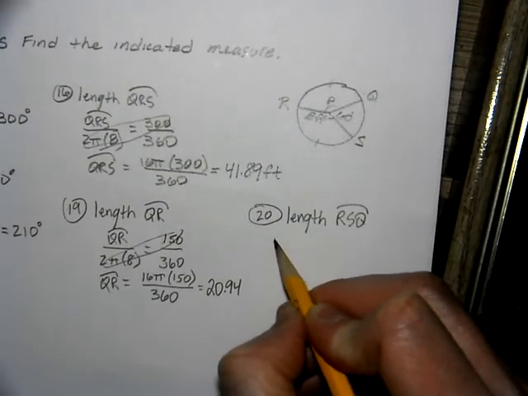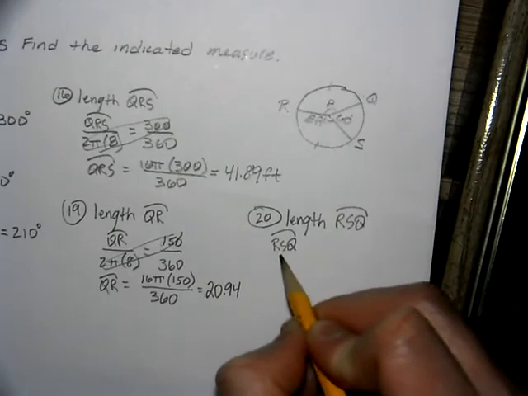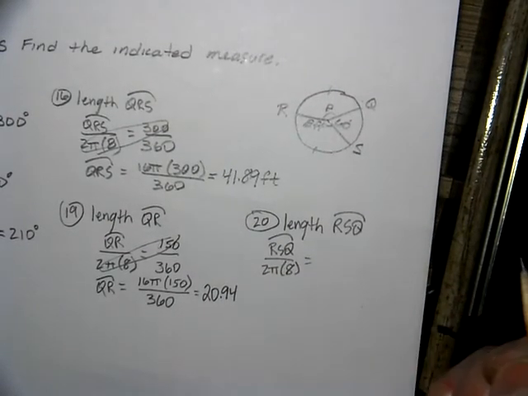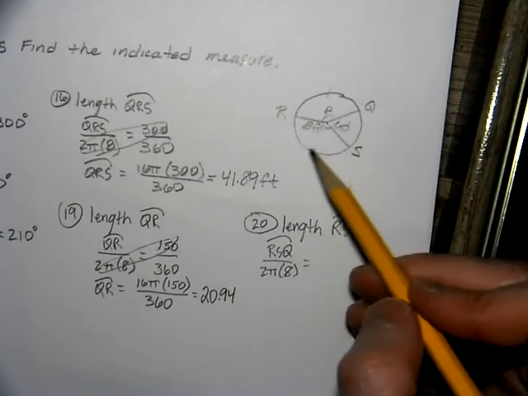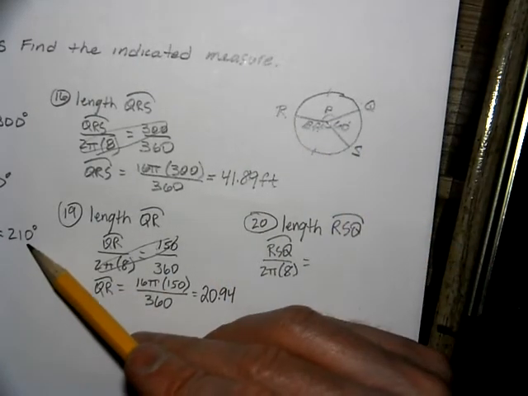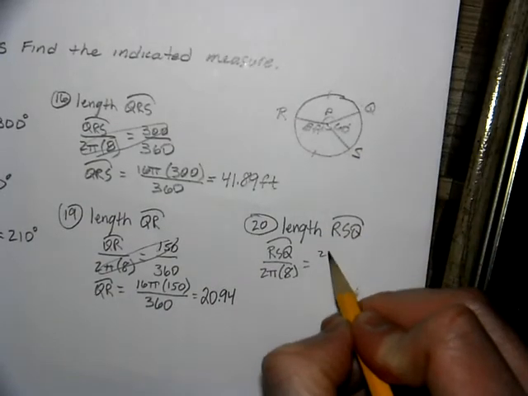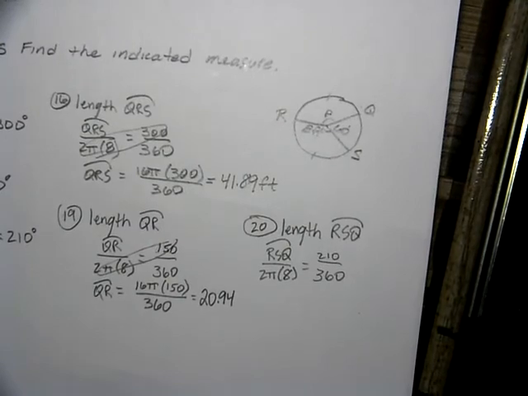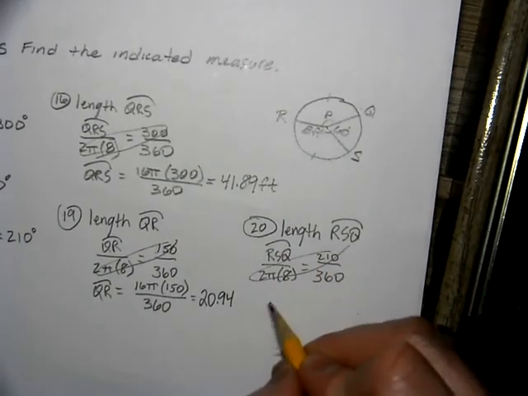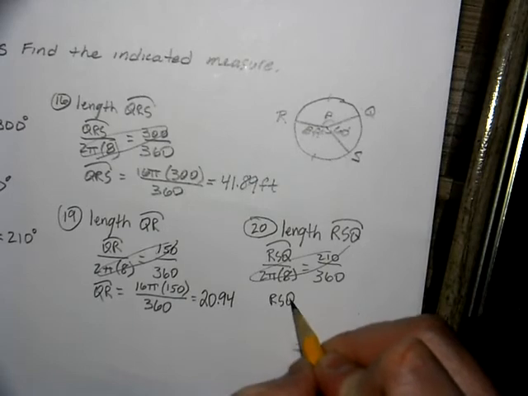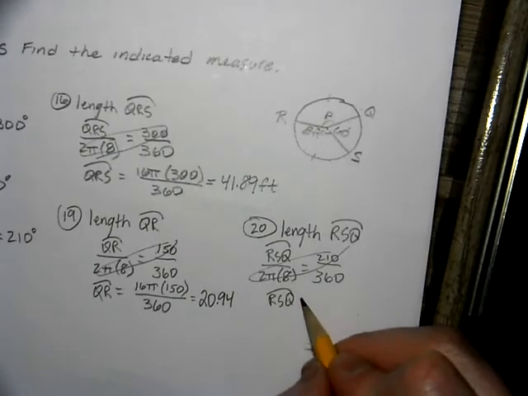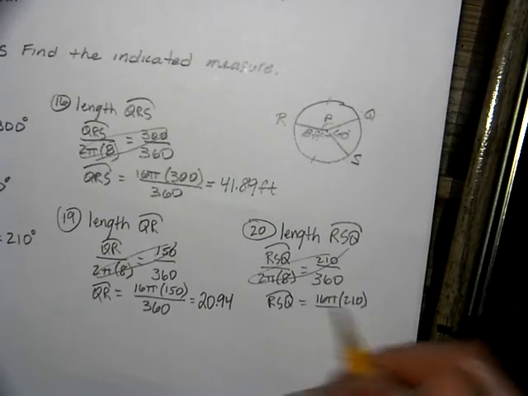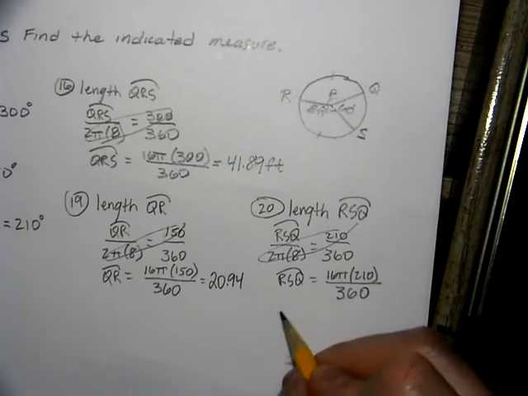You could also say that RQS over 2 pi times 8 equals our angle. I'm doing RQS, which we found out was 210, over 360. Cross multiply. So arc RQS is going to equal 16 pi times 210 over 360.